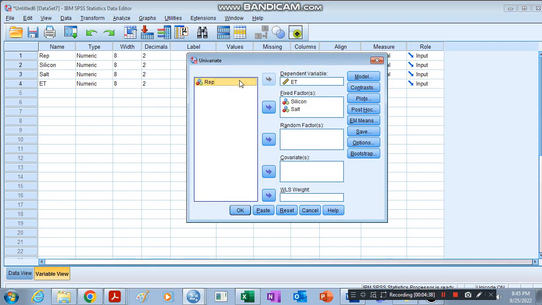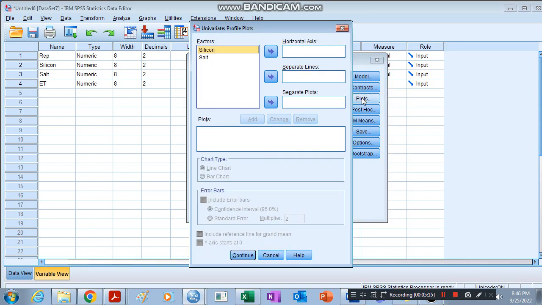Then we take our dependent variable to the dependent variable box. We have two factors, silicon and salt, and we just put them in the fixed factor box.